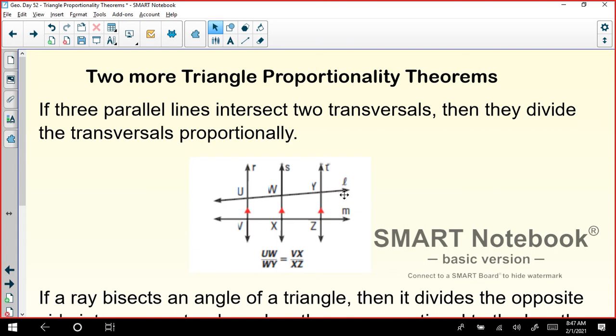And two transversals, line L and line M. Then they divide the transversals proportionally. That is, UW over WY will be equal to VX over XZ.